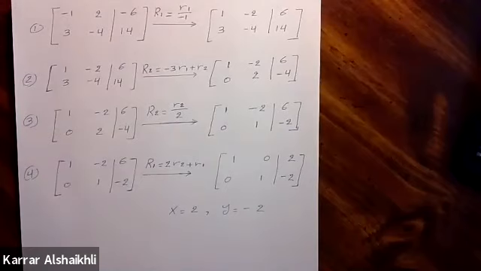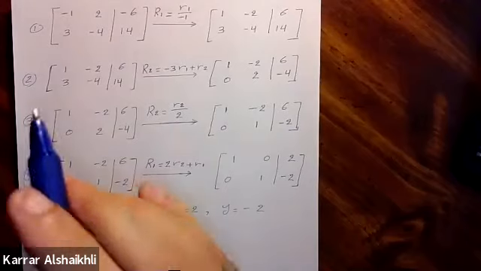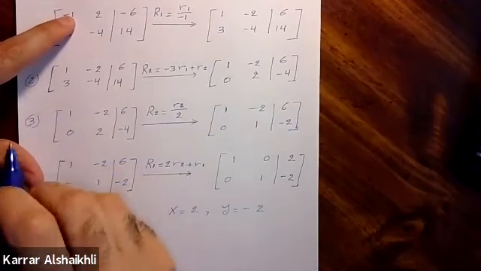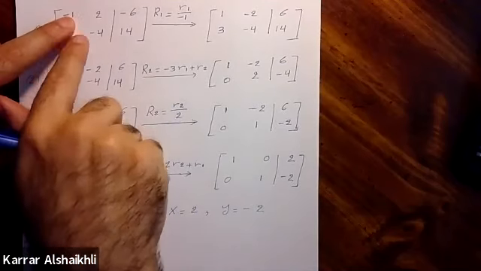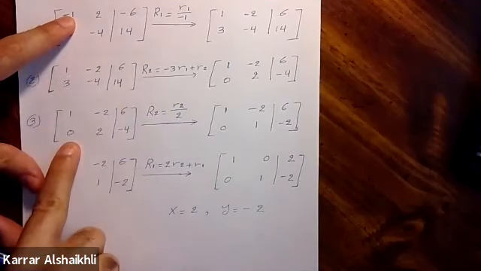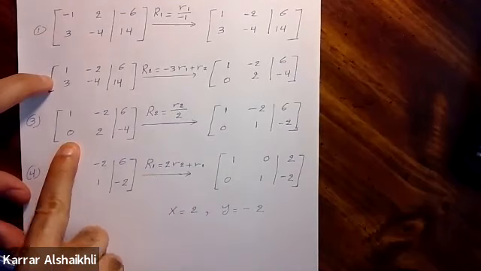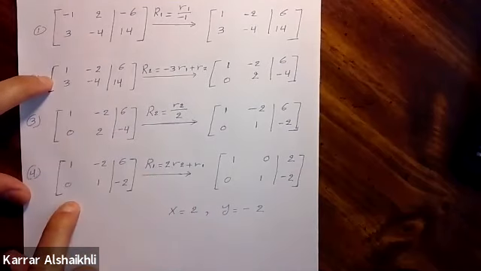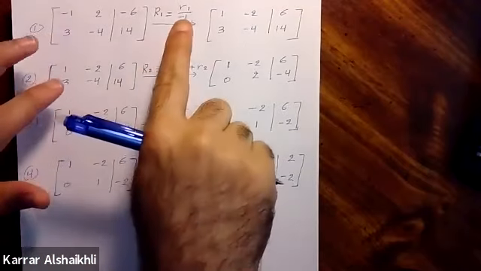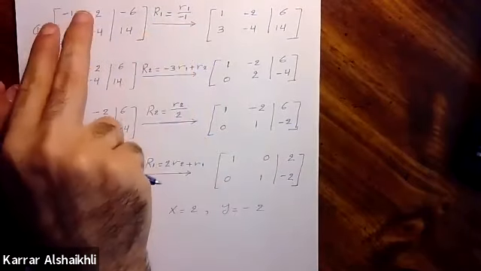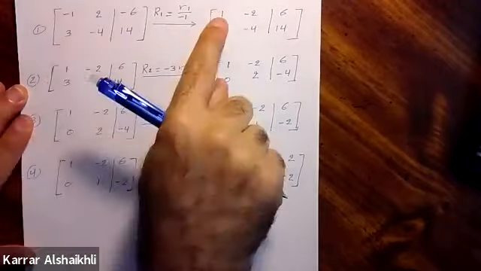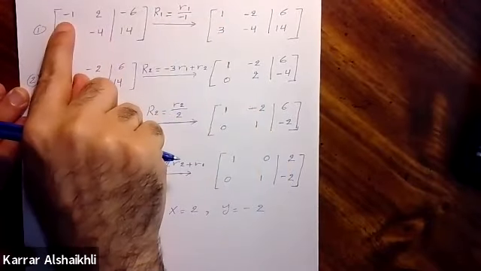Again, let's do a conclusion about these. This is step 1. Step 1 and step 3, divide. Step 2 and step 4, you're going to add. Let's go back to step 1: convert this number to 1. How are we going to convert this number to 1?